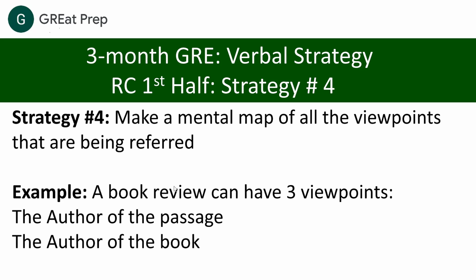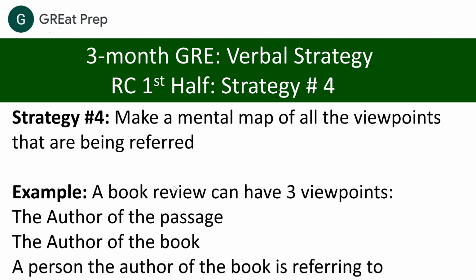And that somebody else could have his own perspective, which can be different than the perspective of the person who is the author of the book and trying to review the book. This is essentially what we call the second order thinking. But wait, you can have a third order thinking here as well. The author of the book could be referring to a third person in the book and his viewpoints.